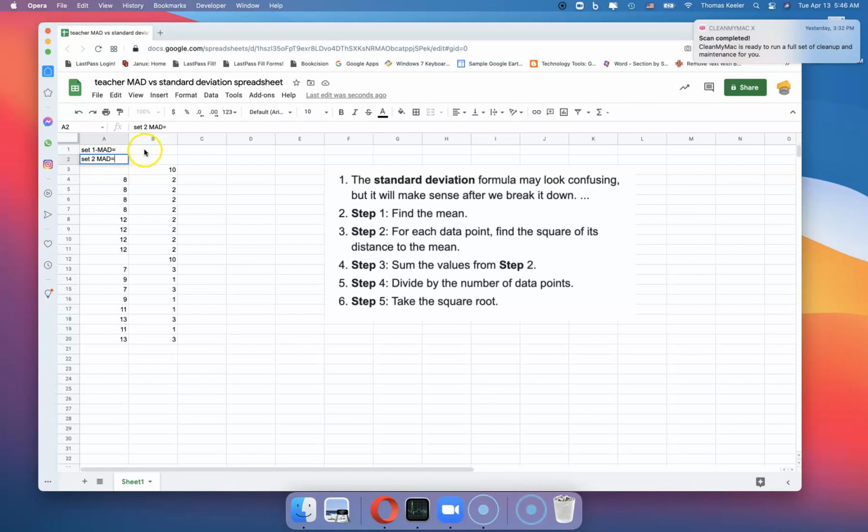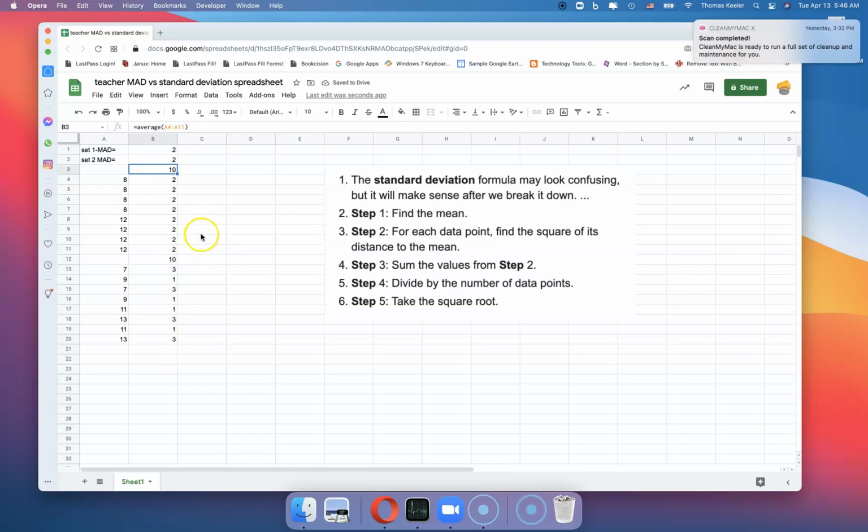All we had to do for that is take the average of all the differences. And then for the second set, it was the same thing: we take the average of all the differences. It ended up also being 2.